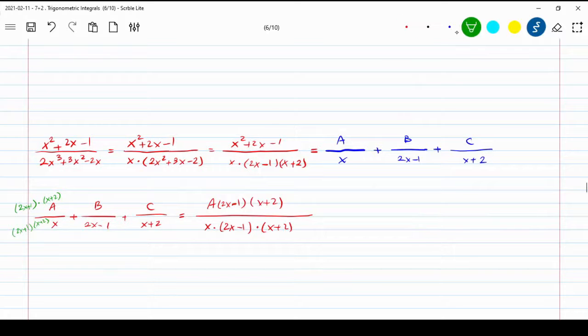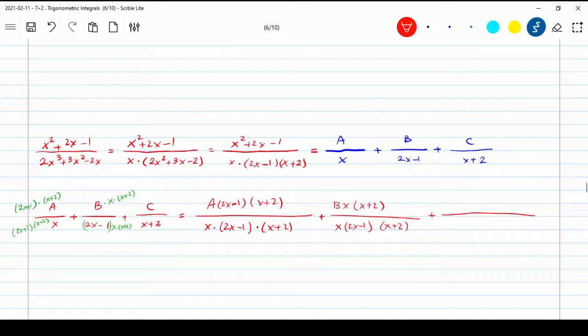What would you multiply to the second fraction? To get common denominator, you should multiply x and the other denominators. That's what you need to multiply, x plus 2. And here I'll multiply x and x plus 2. Make sure that you use parentheses. So here the second fraction becomes x times 2x minus 1 times x plus 2, and the numerator is b times x plus 2, plus the third fraction.